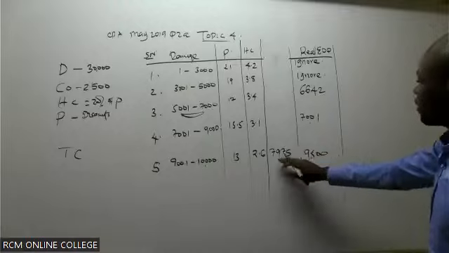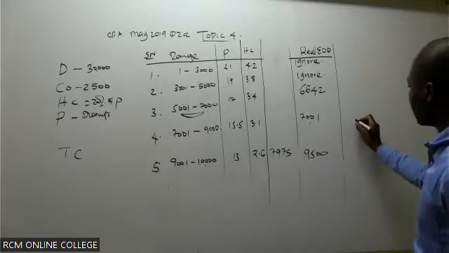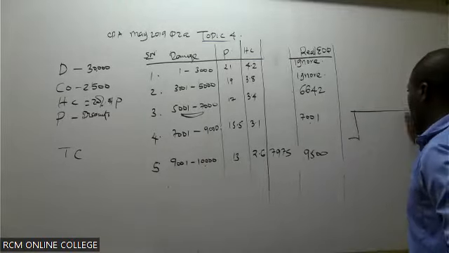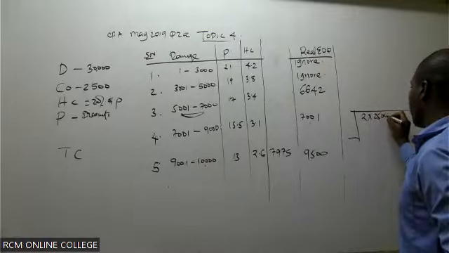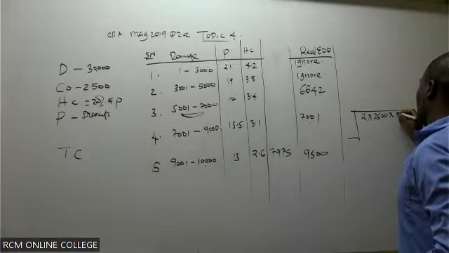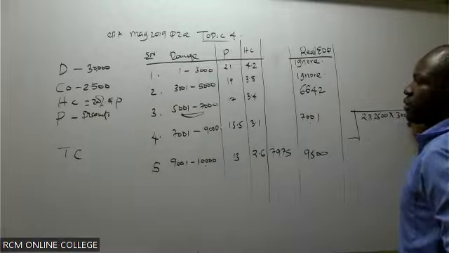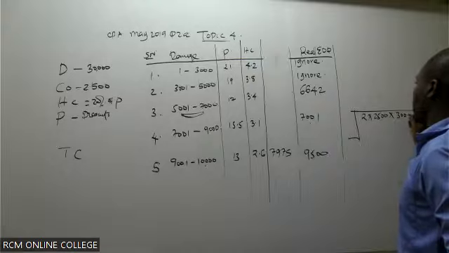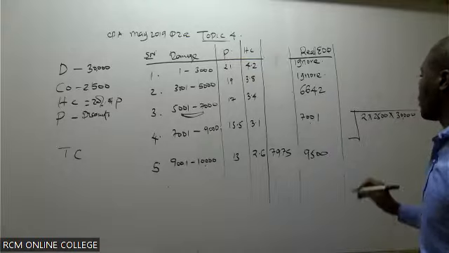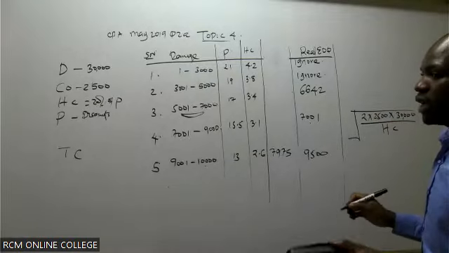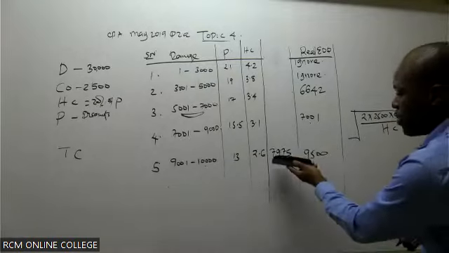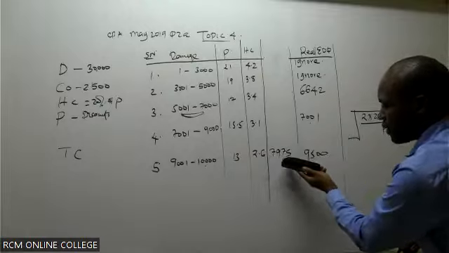Look at how you are arriving at these figures. You are telling us that economic order quantity is equal to 2 times demand, which is 2,500, times ordering costs, over holding cost. You are getting economic order quantity. How are you arriving at 79, 75?